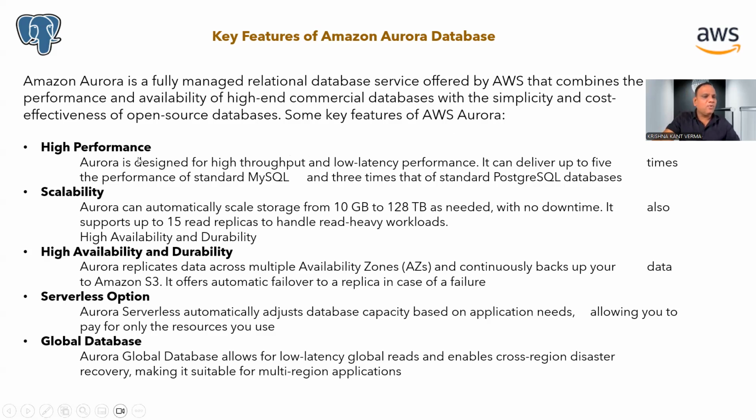And there are other features, like high performance. Aurora is designed for high throughput and low latency performance. It can deliver up to 5 times the performance of standard MySQL and 3 times that of standard Postgres database.